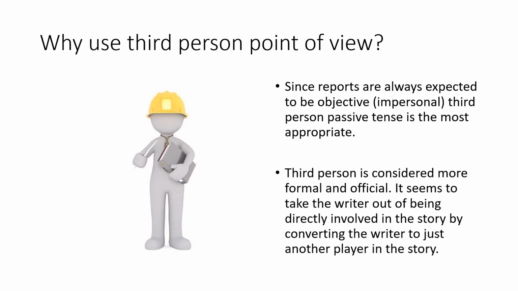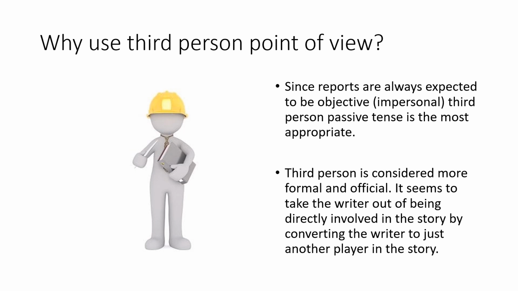And the third person is considered to be way more formal and official than a first person report. It takes the writer out of being directly involved in what's going on. And it converts you, the writer, the inspector, into just another individual who is passing on information to the reader.